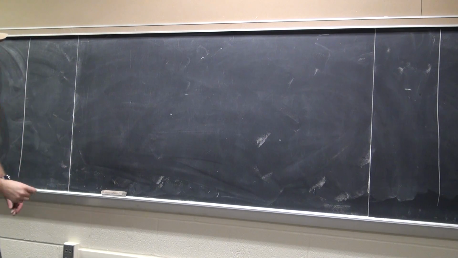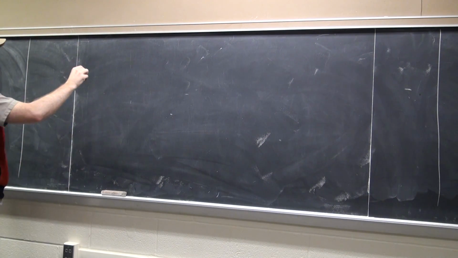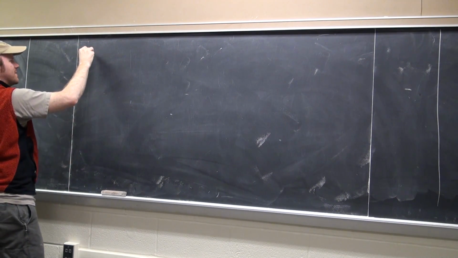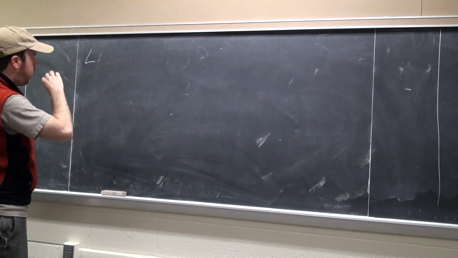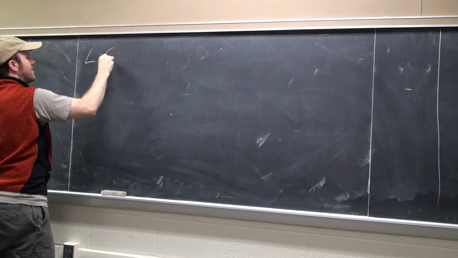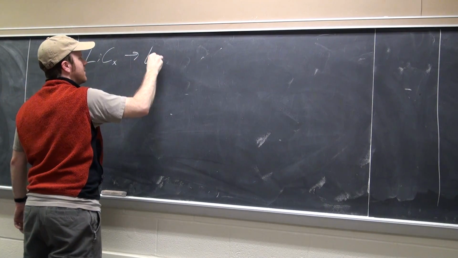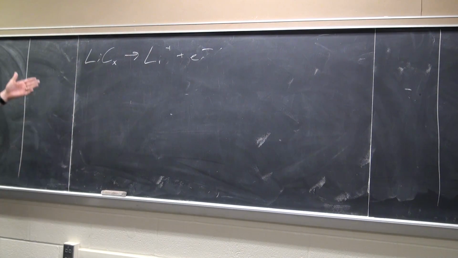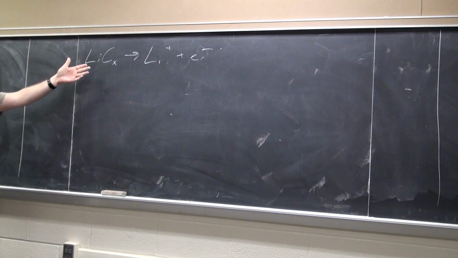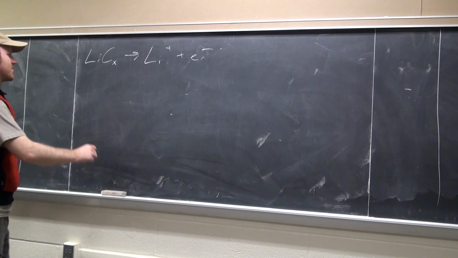So let's see, I'm just going to do an easy one because I know it. Lithium. We have a standard potential of lithium carbon going to lithium ion plus an electron.